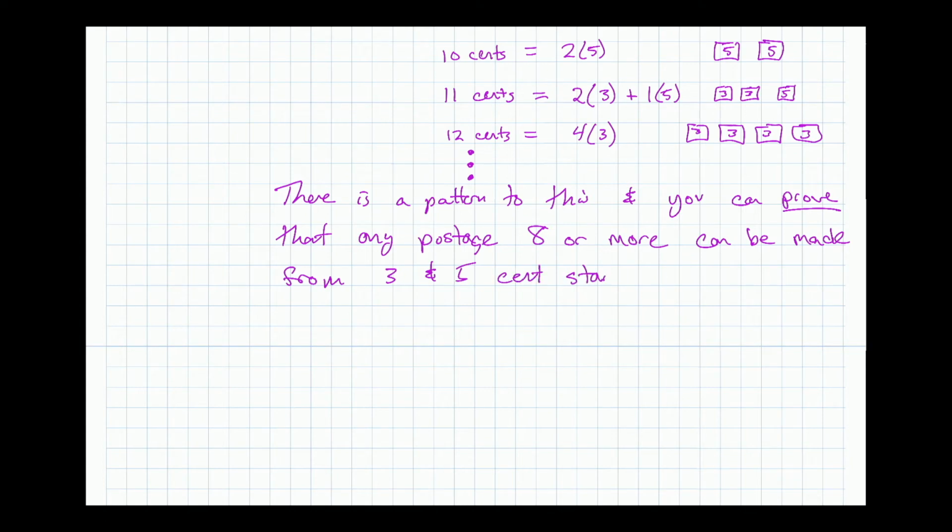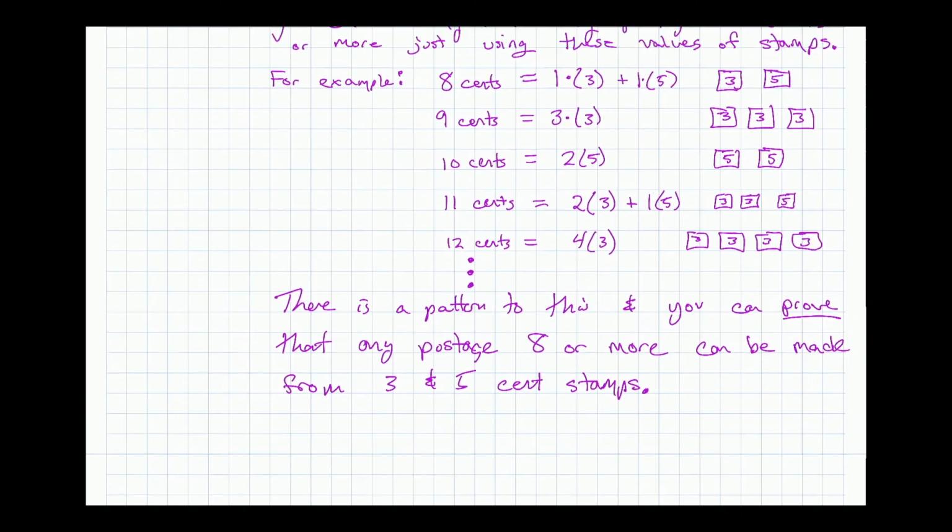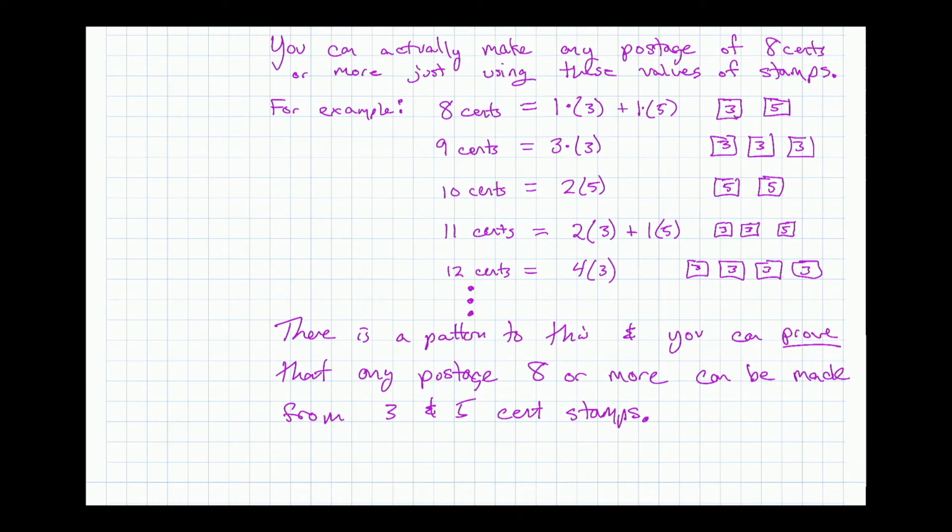All right. So I mean, hopefully you get the idea, right? We've only got 3s and 5s, but we're saying you can make any number 8 or bigger out of 3s and 5s. Okay, and that's what we're going to be trying to prove.